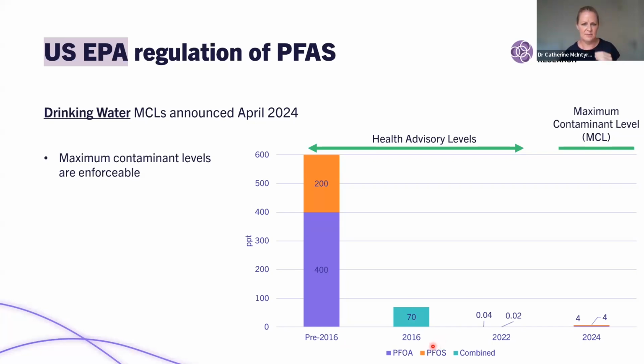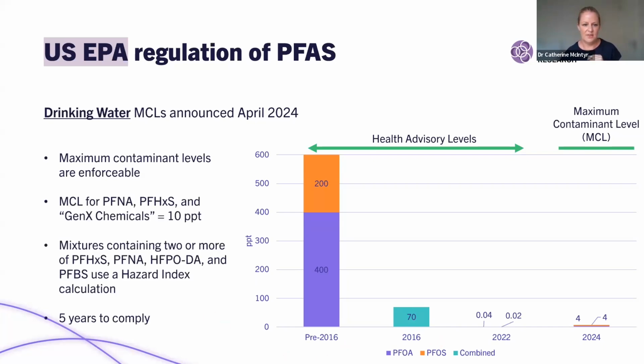The limit of 4 parts per trillion for PFOA and PFOS indicates that they don't think there's a safe level of these compounds in the environment. They've added GenX chemicals and a couple of others, which are limited to 10 parts per trillion. Where there are mixtures of these named PFAS compounds, there's a hazard index calculation that can be done to determine compliance.